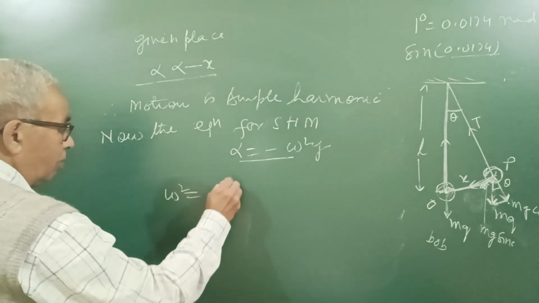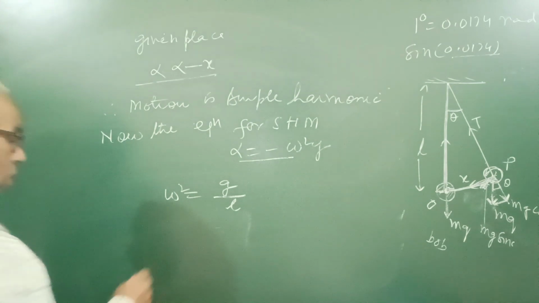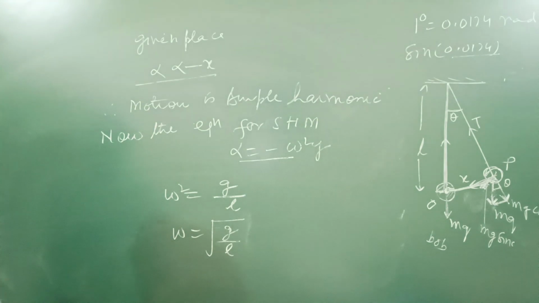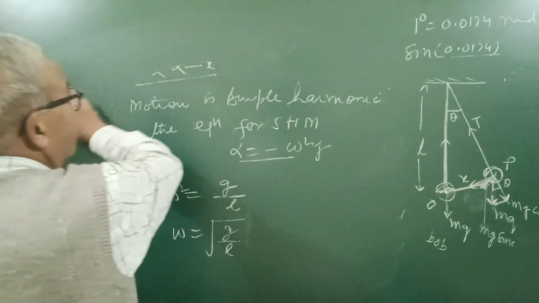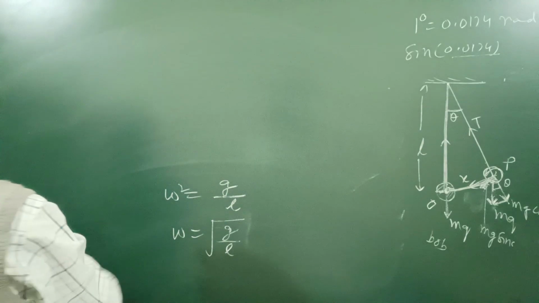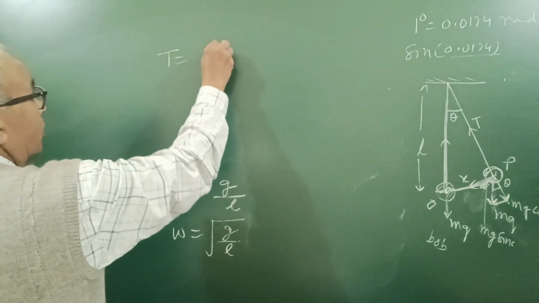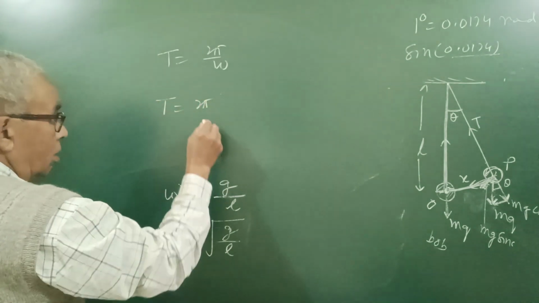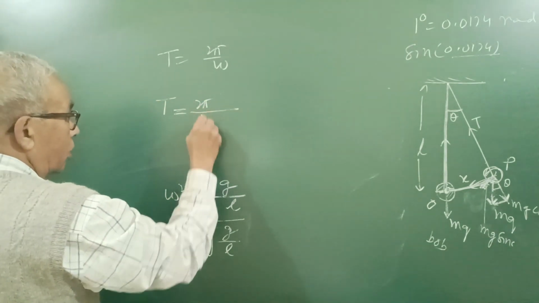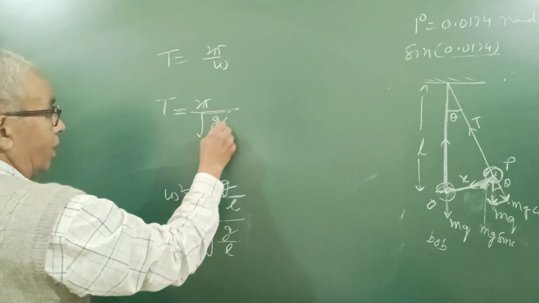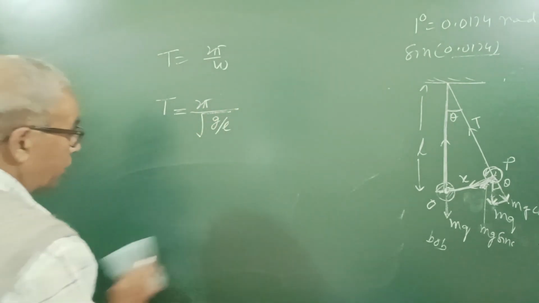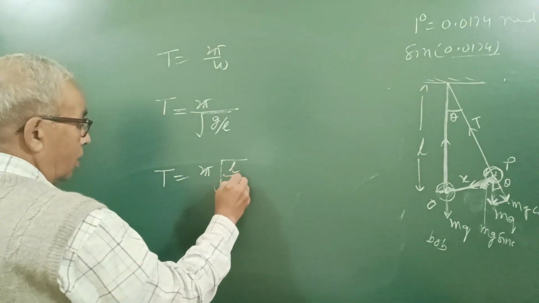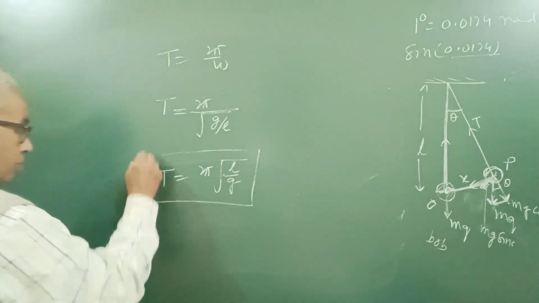Omega square equal to g by L, or omega equal to under root g by L. And we know if capital T is the time period, then T is equal to 2 pi upon omega, or T is equal to 2 pi upon under root g by L, or it is 2 pi under root L upon g.